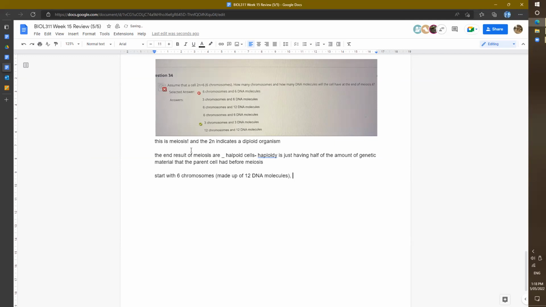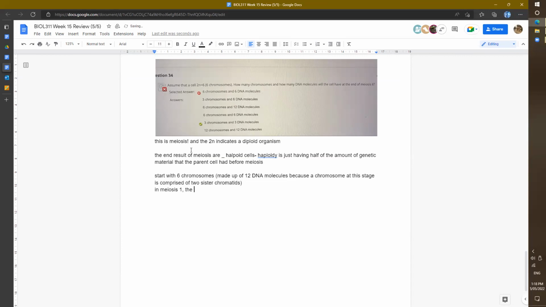Yes, so 6 represents the number of chromosomes. Yes, 3 homologous pairs. All right.